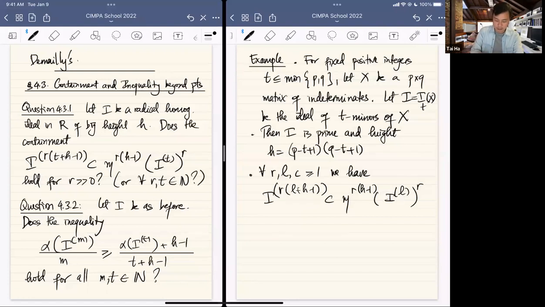So this is exactly what we're looking for, right? And it's true for determinantal ideals of a generic matrix.